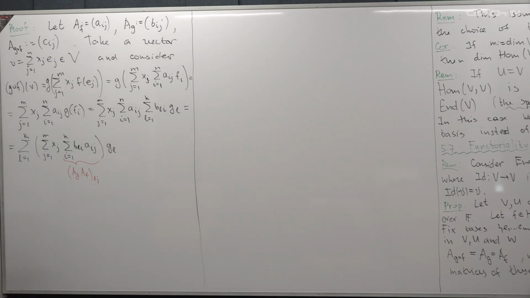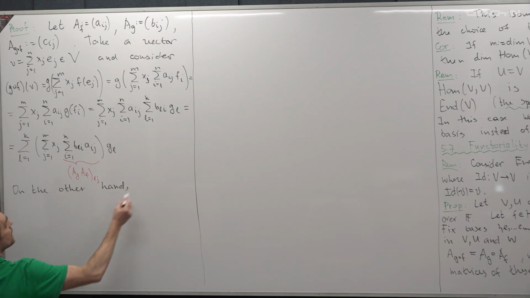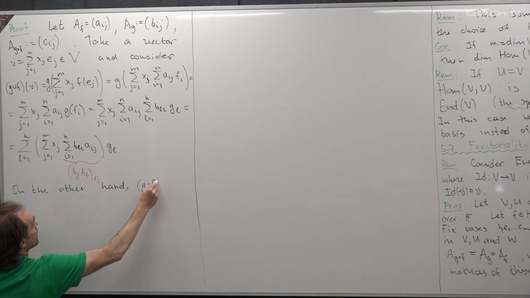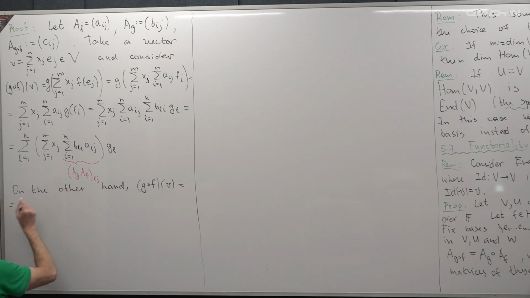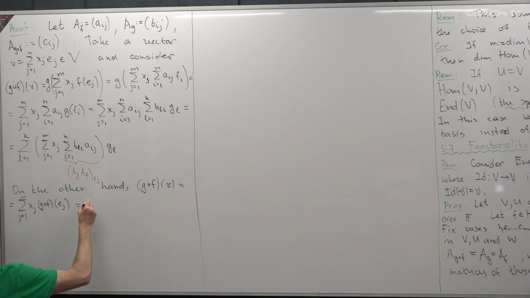And now let us apply the composition. So on the other hand, g of f applied to v is just the sum where j ranges from 1 to m, x sub j, g composition f applied to e sub j. And when we apply the composition, we need to write down the elements of the matrix of the composition.